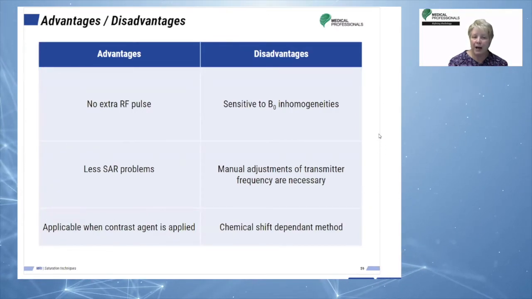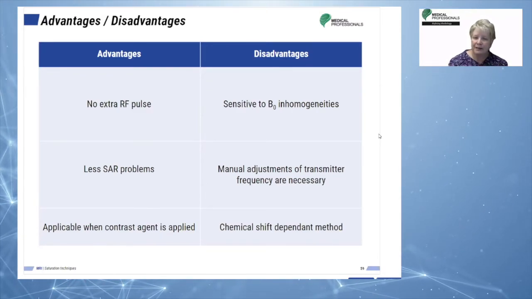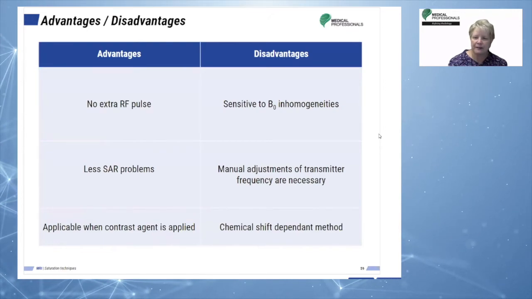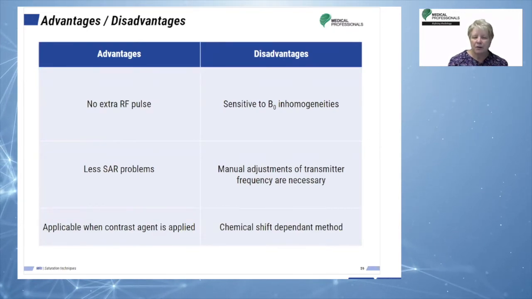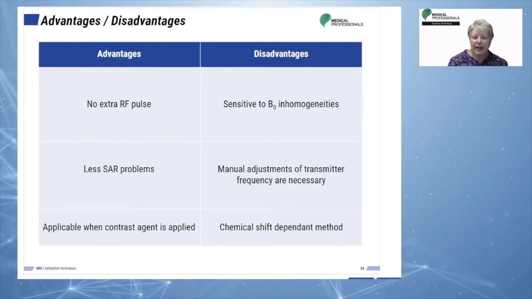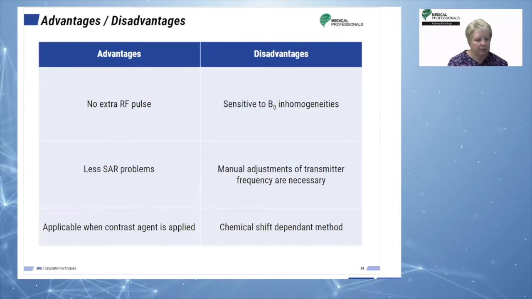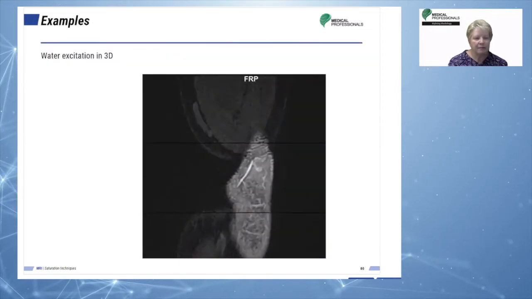Disadvantages are that we have to be very good with our shimming, and a good shim is necessary because of the inhomogeneities. Manual adjustments to the transmitter frequency may be necessary, and it is chemical shift dependent, which makes it less desirable. Okay, now let's go on to the next slide.